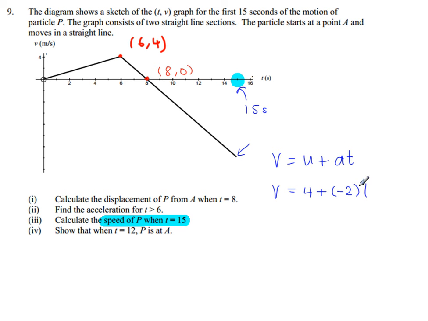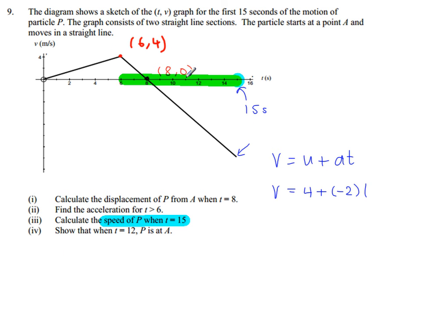Now the time taken isn't 15. The acceleration here hasn't been going on at minus 2 meters per second squared for 15 seconds. It's only from here to here. So we're looking at this stage of the journey separately from this stage.